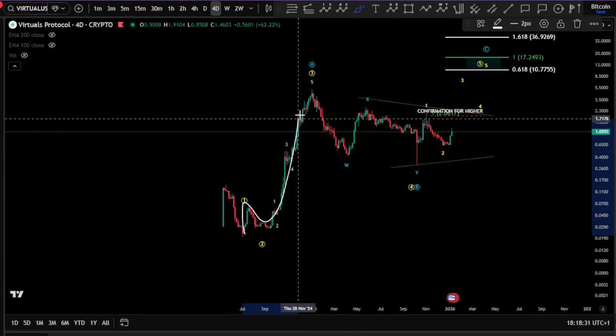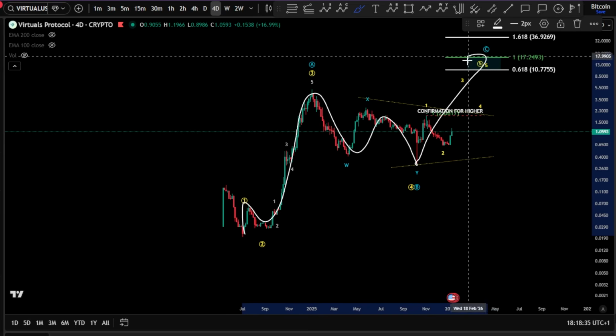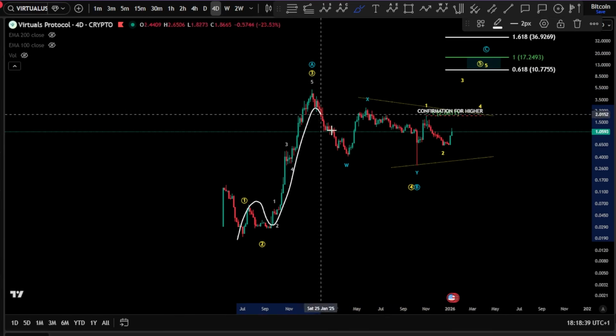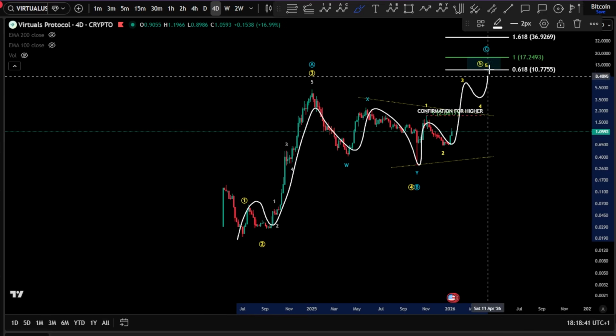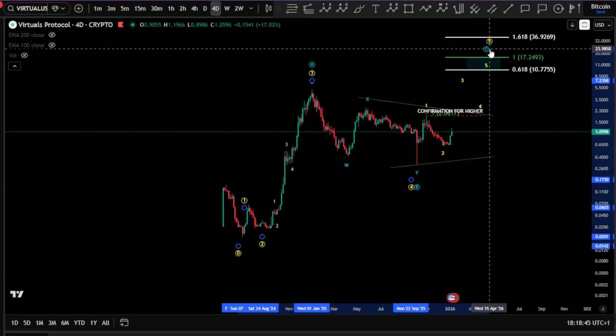Now, in case we are in a very large wave 4, of course, it can be a wave 5 as well. The same as a wave C here in 3 waves, of course, and then 3 waves and 1, 2, 3, 4, and a 5. The difference is, of course, between the wave C and the wave 5.